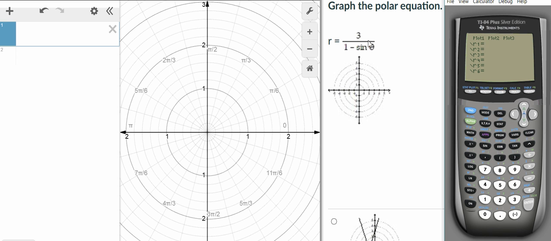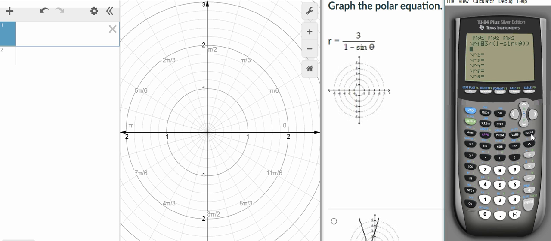And then you may enter 3 divided by, do not forget the parentheses, okay? And then 1 minus sine theta, double brackets.